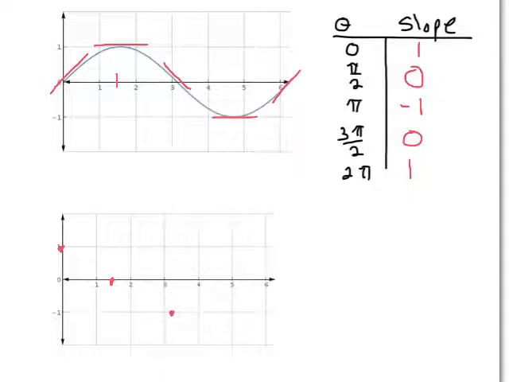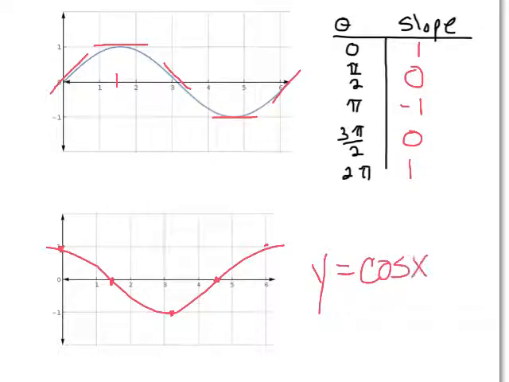At 3 pi over 2, I'm at 0 again, and then at 2 pi, I'm back up at 1. And if you sketch this, and if you were to take more points, it looks like a very common curve. In fact, it ends up being the cosine curve. So the first derivative of sine is going to be cosine.